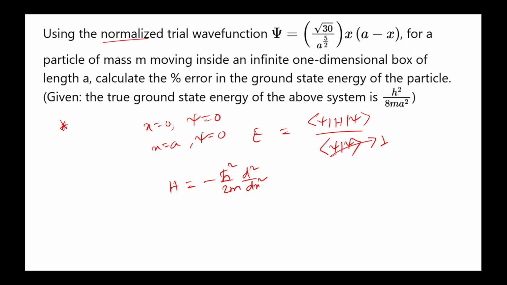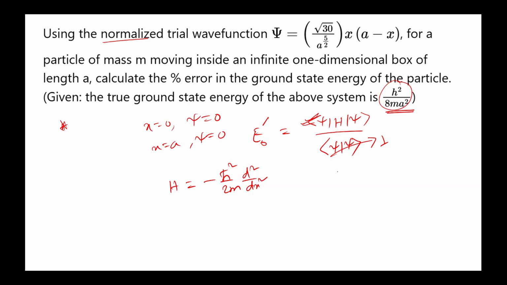Now you have to take this integral and calculate the energy, and the true ground state energy is given. So let's say you get E0 dash. Because you are integrating out all the variables, there is only one variable x, so you will obviously get one number, which will be in the order of h square by 8m a square.